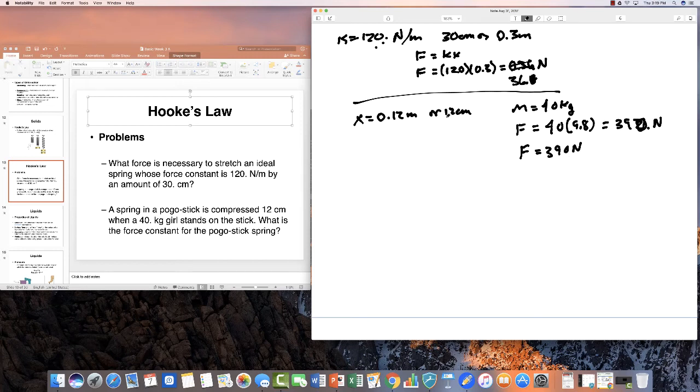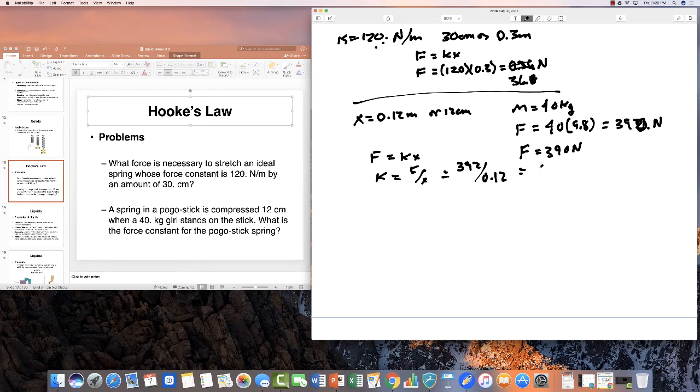And x is equal to this. And the question is, what is the force constant? And so again, F is equal to Kx. And so K is going to be F divided by x, or 390. We'll go ahead and put the 2 in, and we'll use the significant figures at the end, divided by 0.12 meters.